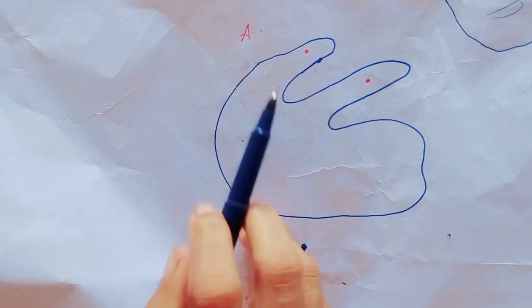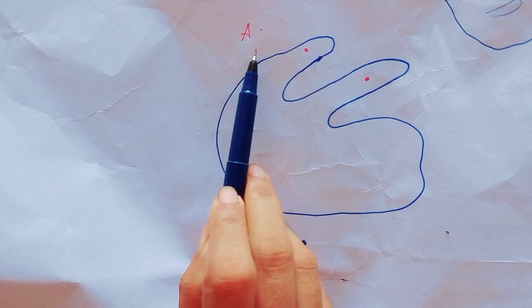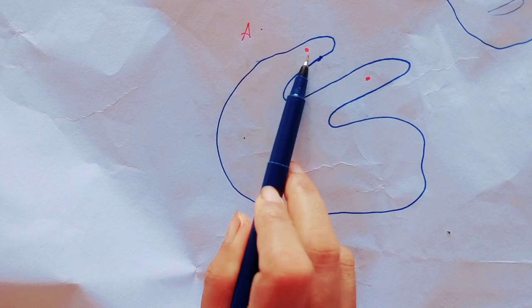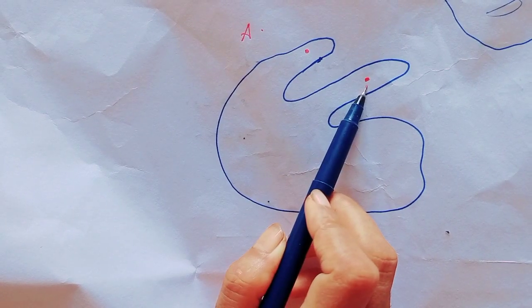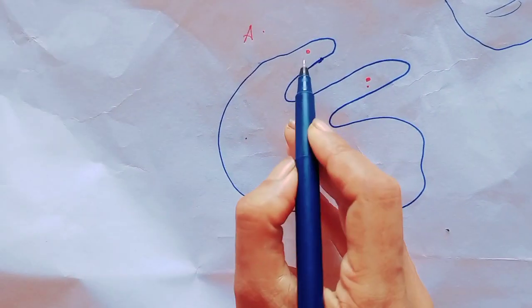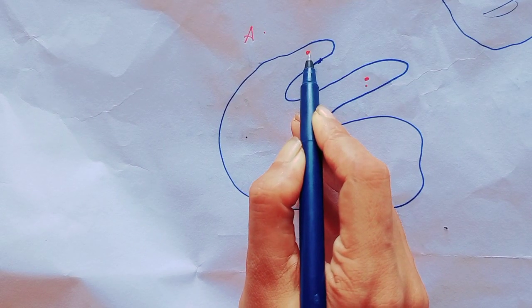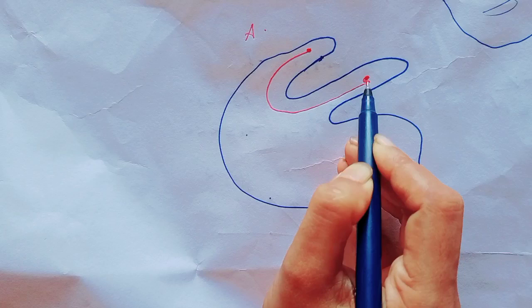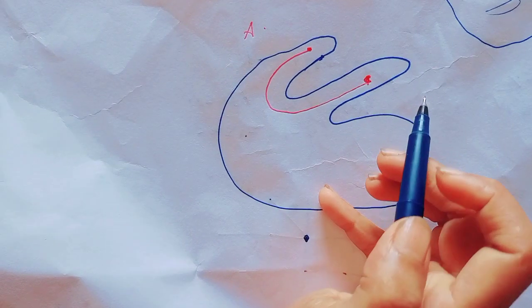As an example, consider the set A, and in this set if we consider these 2 points, notice for these 2 points we can draw this path. So this is path connected.